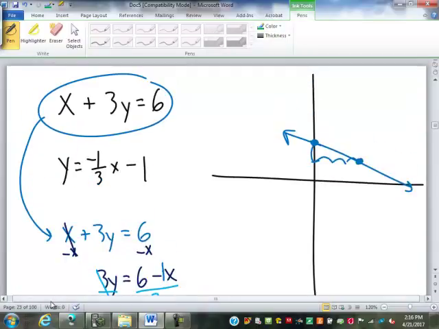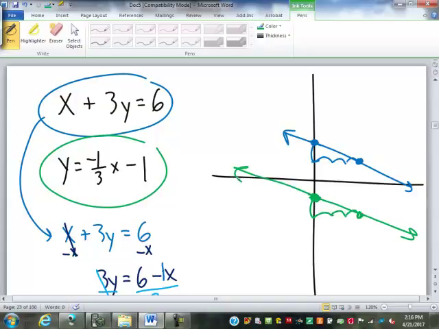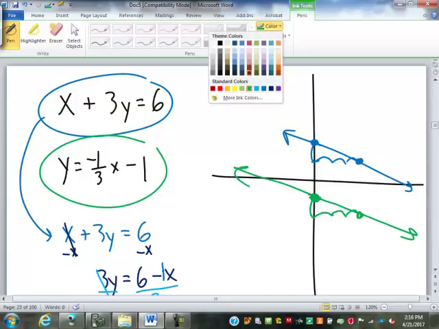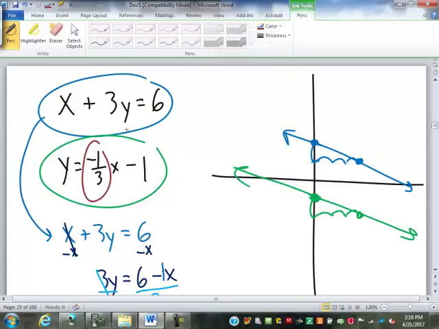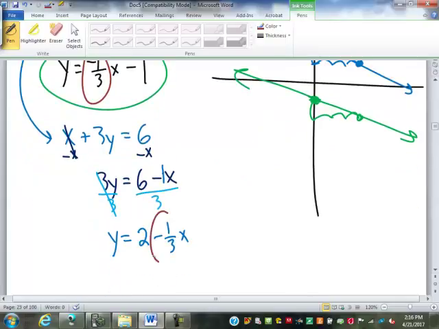Okay, the second equation is already solved, so where do we start there? At negative 1, and from there we go down 1 and over 3. Where do these lines cross? They don't. They have the same slope. They both have a slope of negative 1/3.